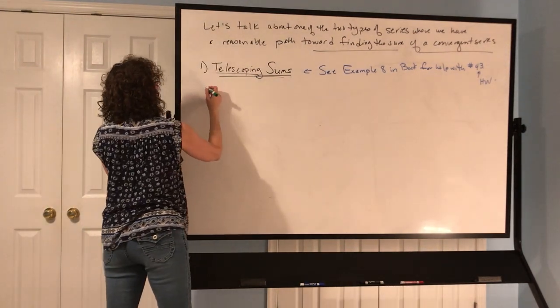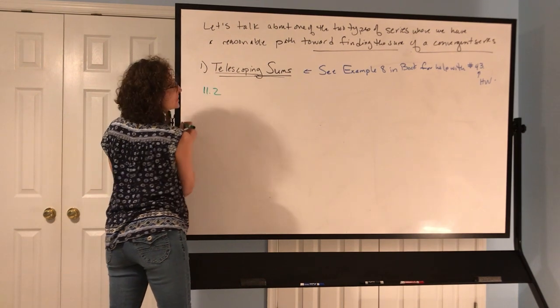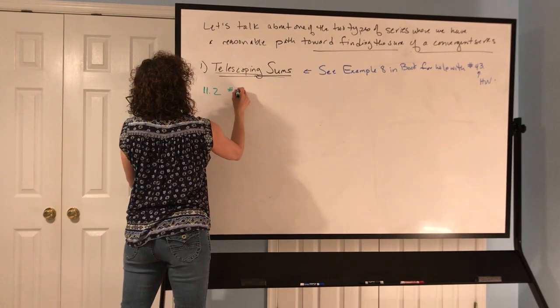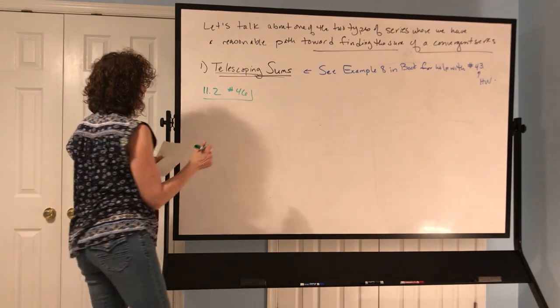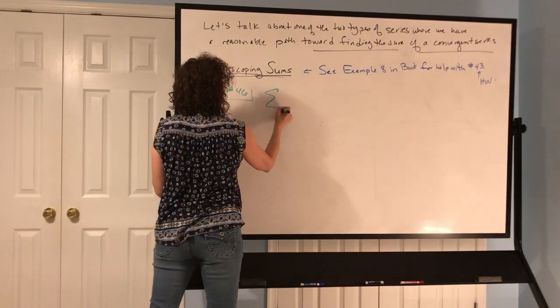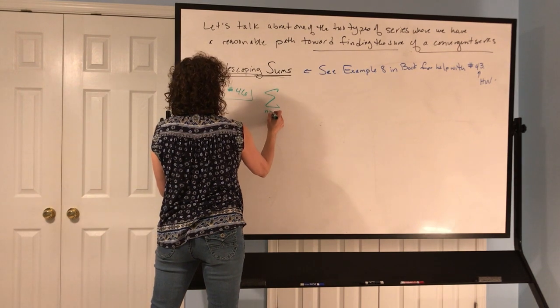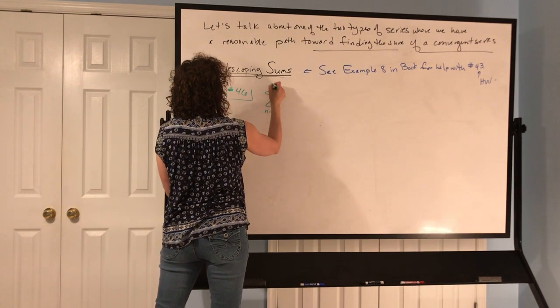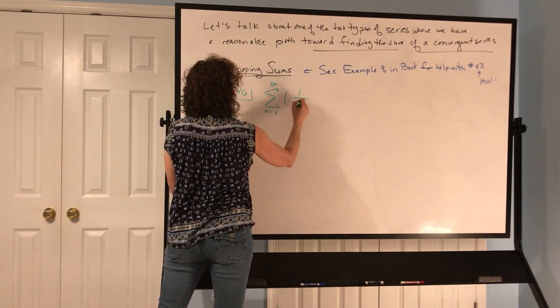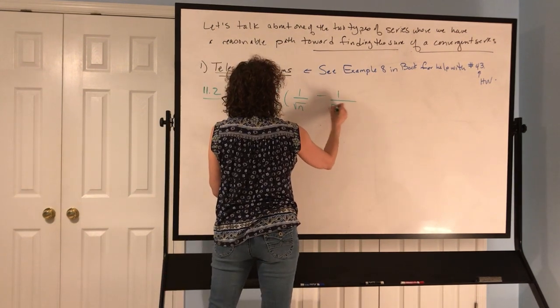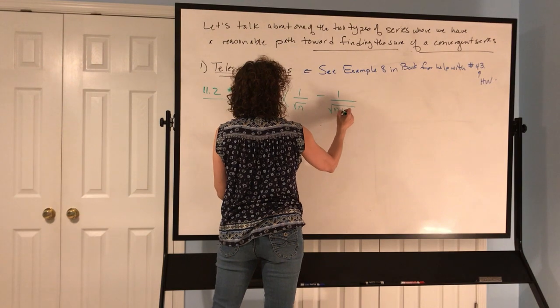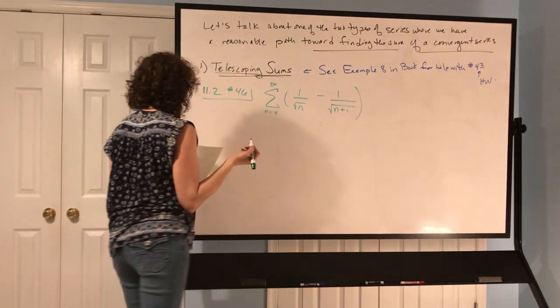Hopefully you can see green, just to switch it up a little bit. 11.2, number 46. Okay. Now we have the sum from n equals 4 to infinity of 1 over the square root of n minus 1 over the square root of n plus 1. Okay?